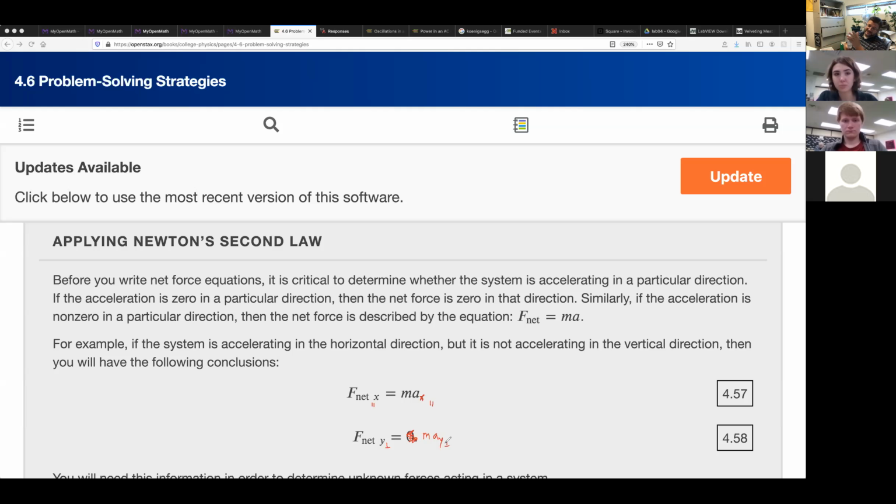So two different situations where it might equal 0. In all other situations, if you don't know if it's going to be sitting still or at a constant velocity, then you have to set it equal to the mass times acceleration, and that acceleration may or may not be another variable in your problem.